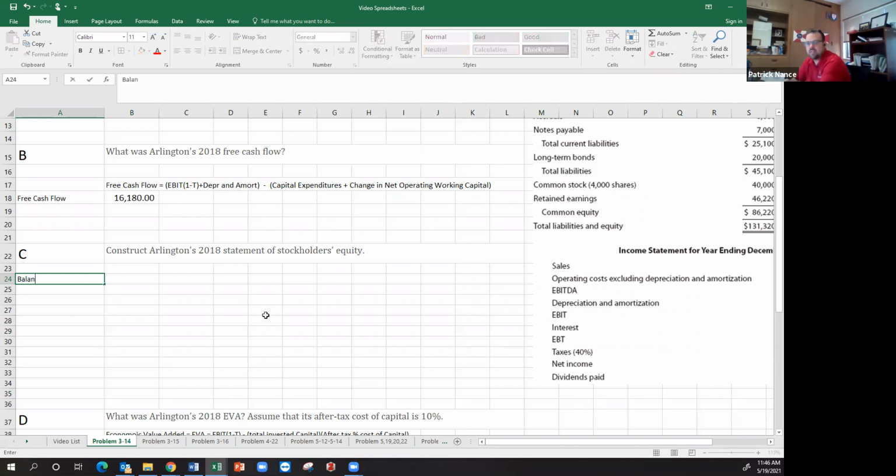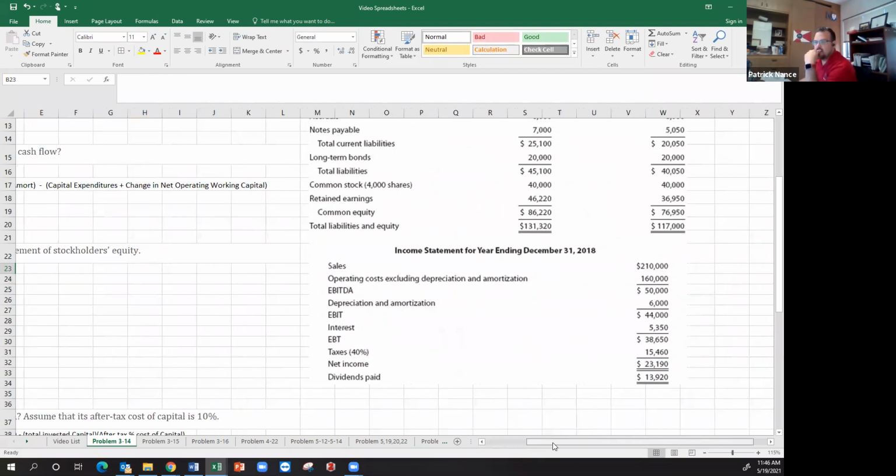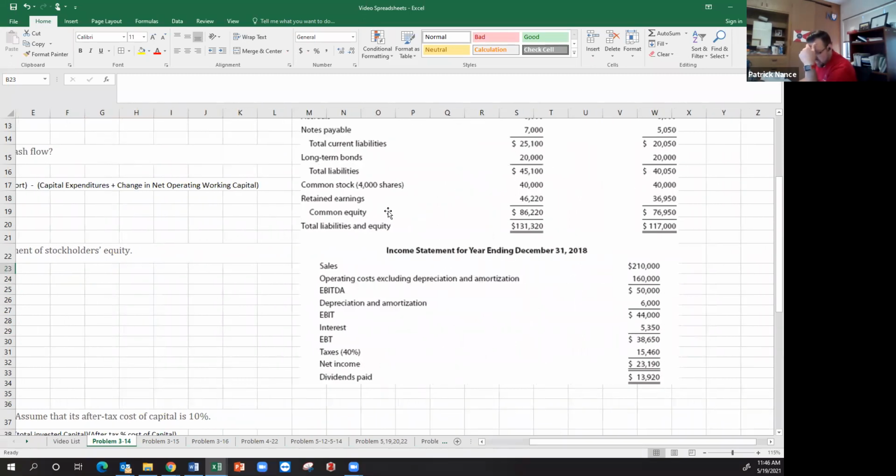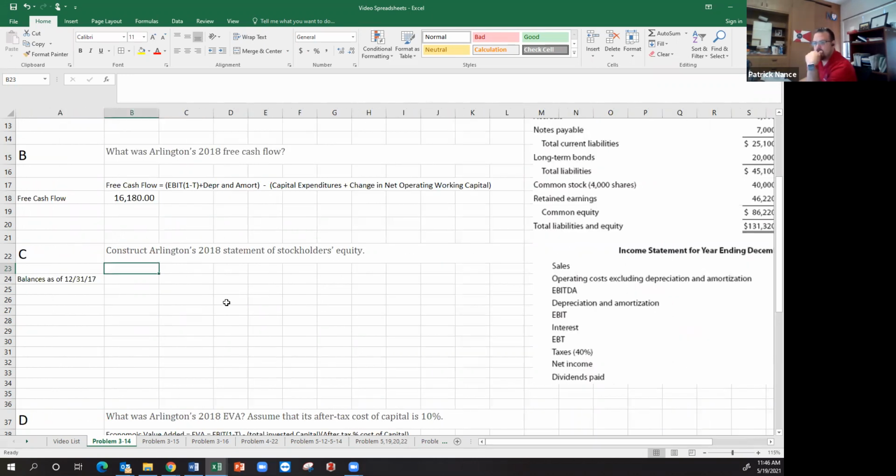So we've got balances as of 12/31/17, and we're going to need to have everything in the equity section. So we're going to have common stock, we're going to have retained earnings, and we'll show dividends on here too.